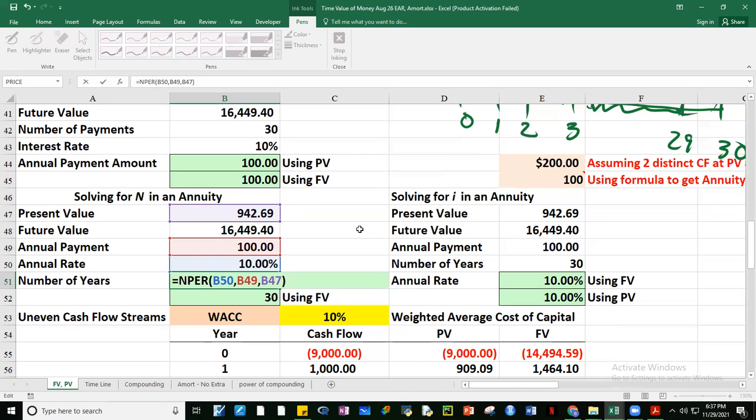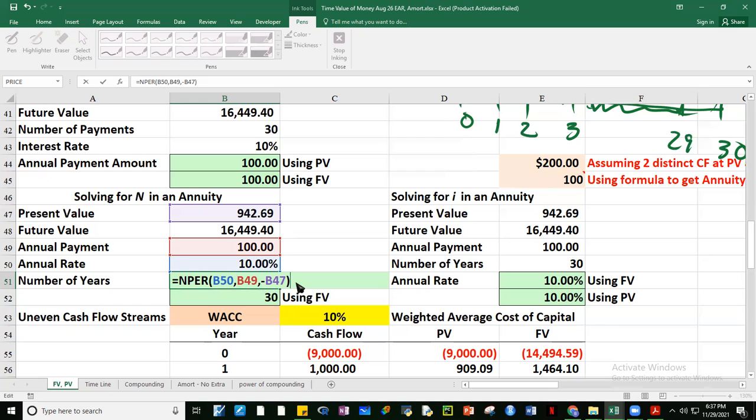Dapat, guys, sabi ko nga kanina, very sensitive si Excel sa direction ng cash flow. Dapat kung isa dyan negative, dapat positive yung isa and vice versa. Kasi dapat may inflow at saka may outflow. So if I make the annuity negative, okay, so dapat positive si present value. Or vice versa, I make annuity positive, therefore si present value dapat negative.